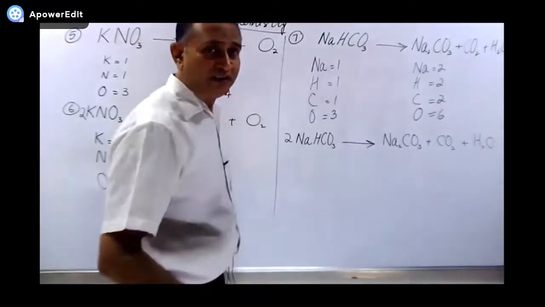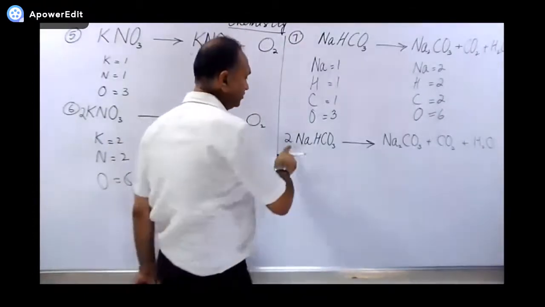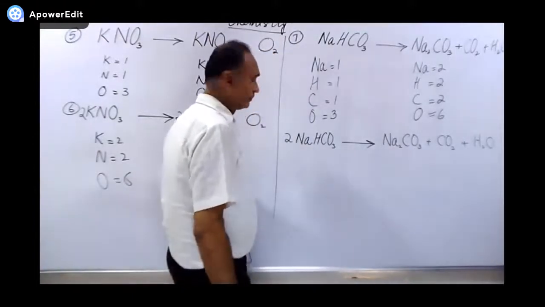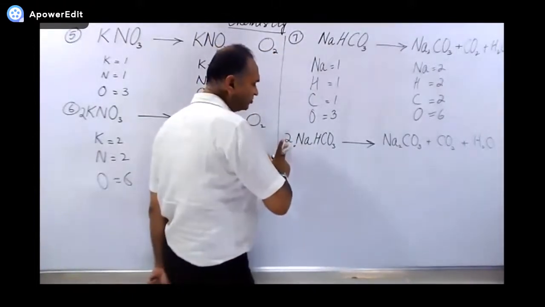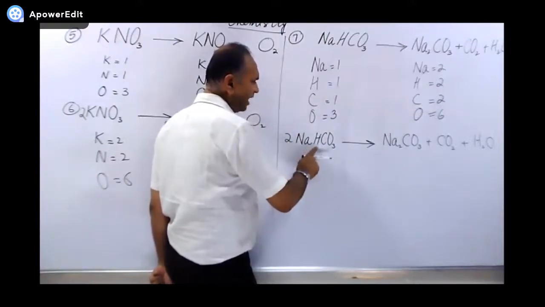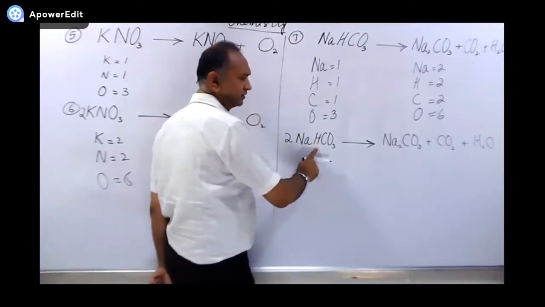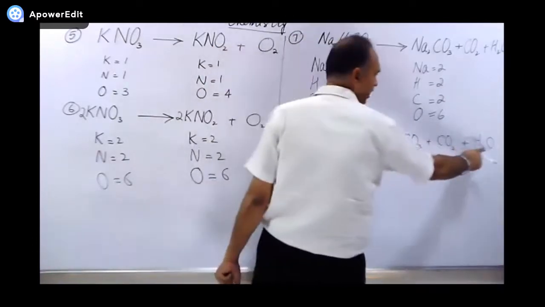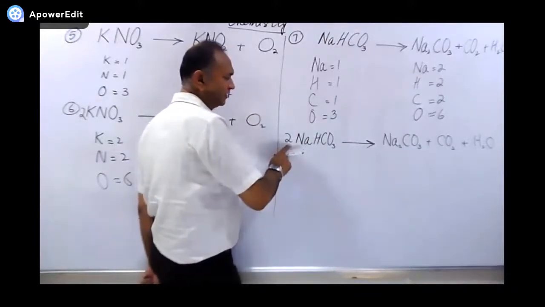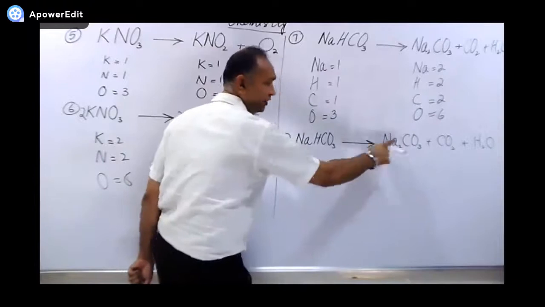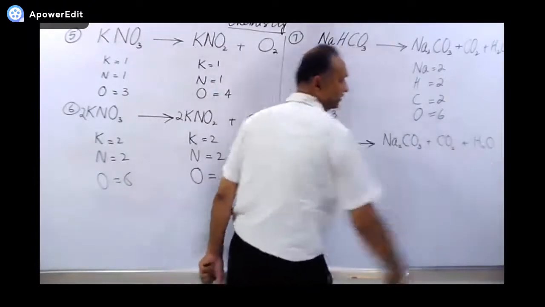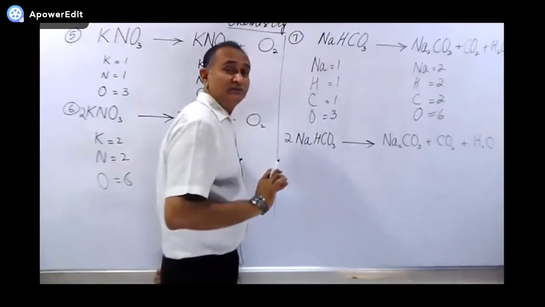So sodium is balanced. Now after writing this two, what is the current situation? How many hydrogens? Two hydrogens. Two hydrogens. So luckily hydrogen is also balanced by writing this two sodium, fine. This is pure chemistry, mathematical chemistry.